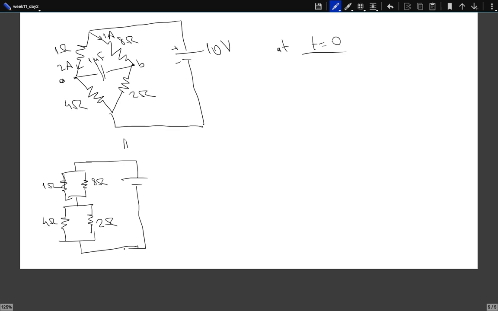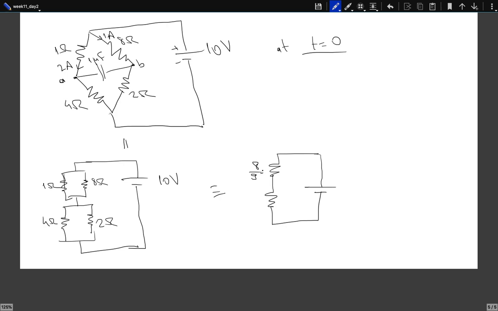Well, let's see. What is the total current? What is the resistance of these resistors? These two. What's the total resistance of this part? 1 over 8 plus 1 over 1 gives 1 over the resistance.